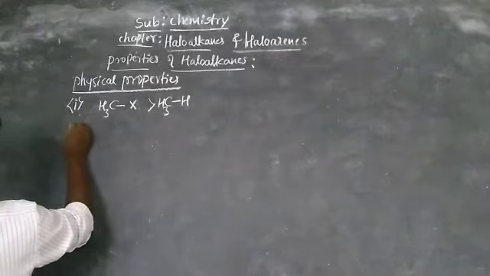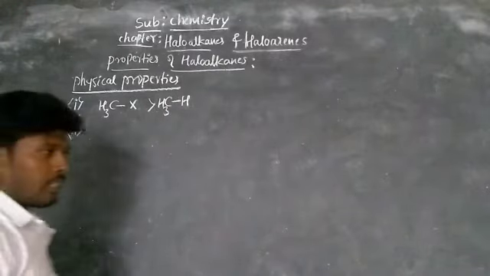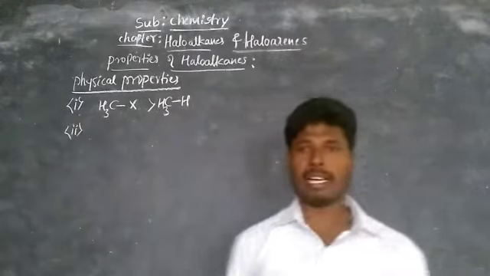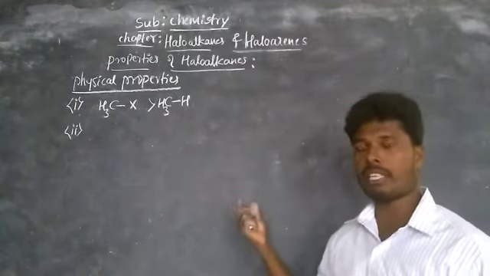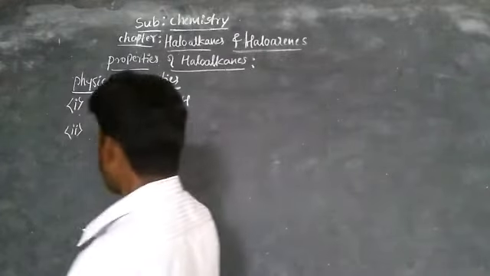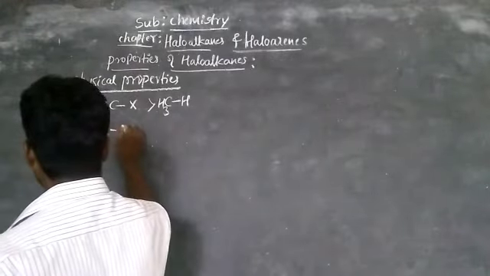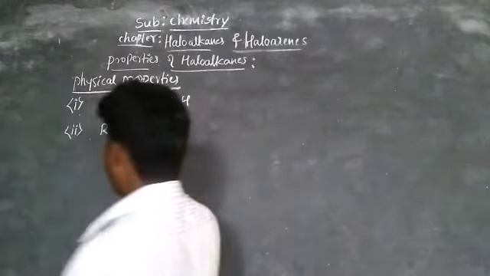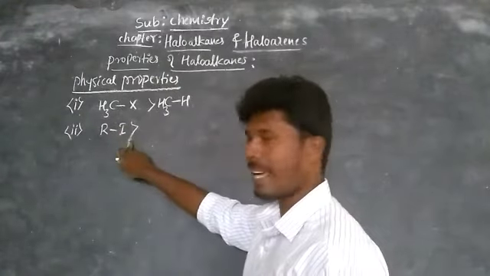Then the second one: the boiling point of alkyl halides increases with increasing size of the halogen atom. Iodine has a high size.